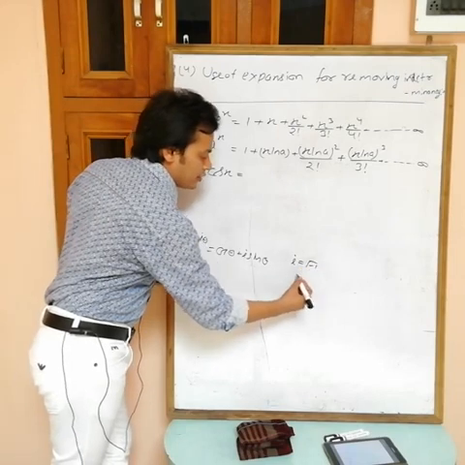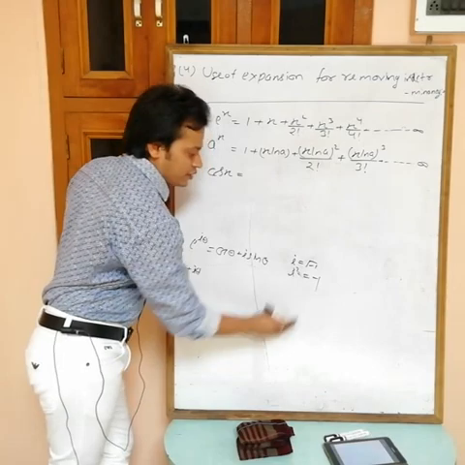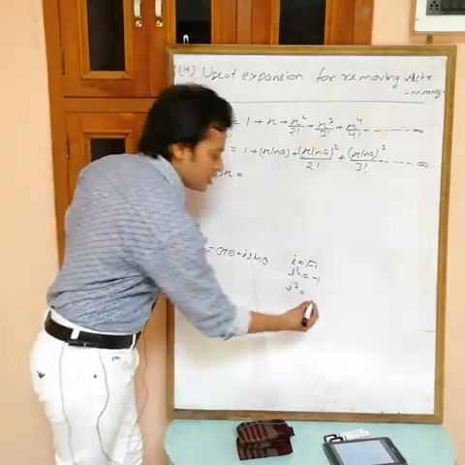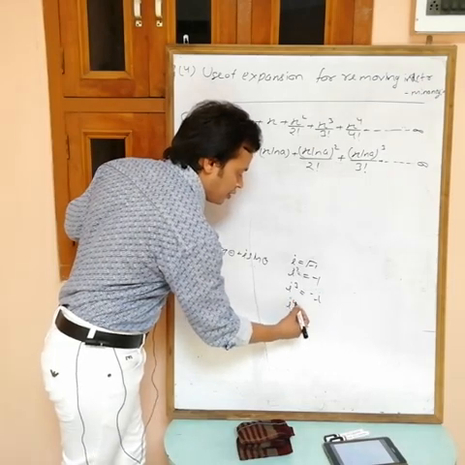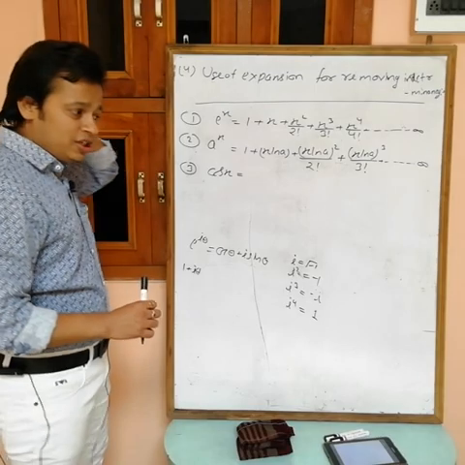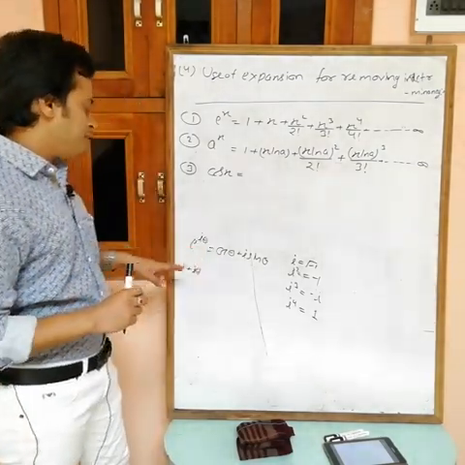Iota equals root minus 1, iota square equals minus 1. If you multiply by iota, iota cube is minus iota, and iota power 4 equals plus 1. Again iota power 5 equals iota, like this.